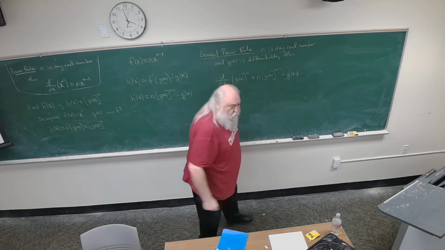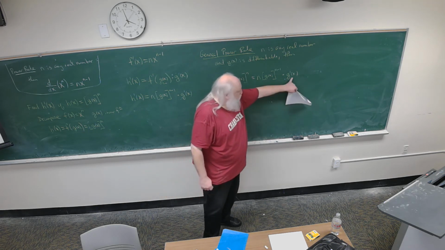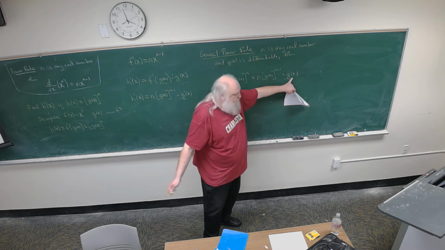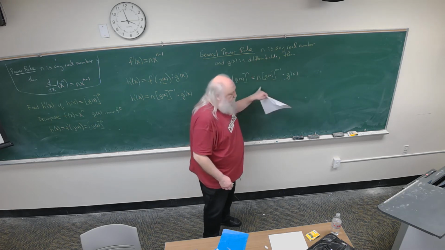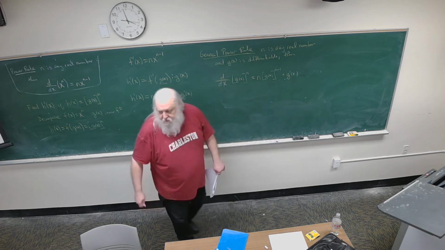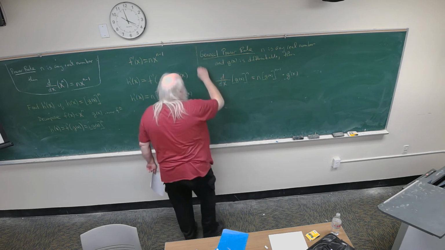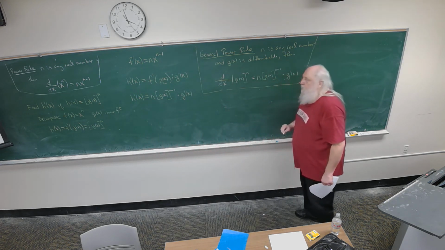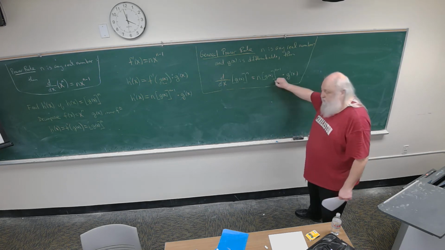So the chain rule always ends with the derivative of the inner function. That's what makes it different from the other rules in section 3.1. So this is called the general power rule, and once we know this rule, we don't have to do the decomposition all the time.